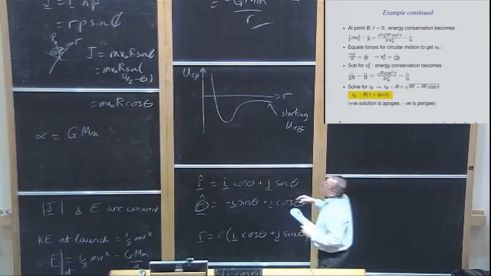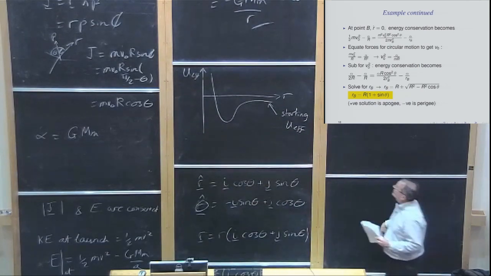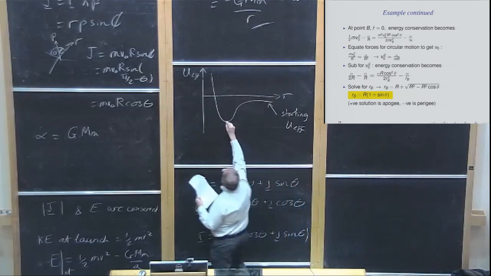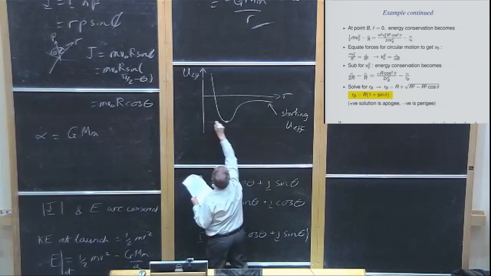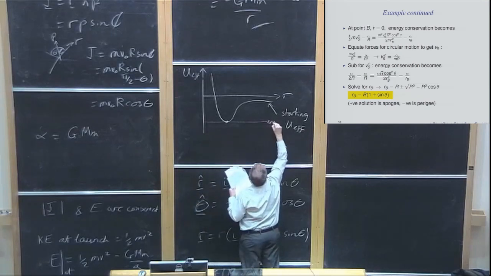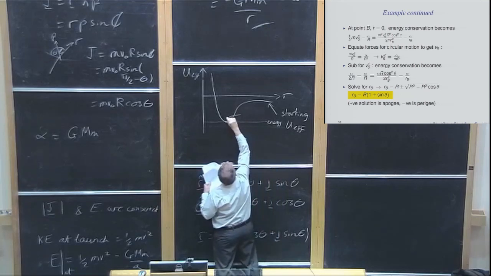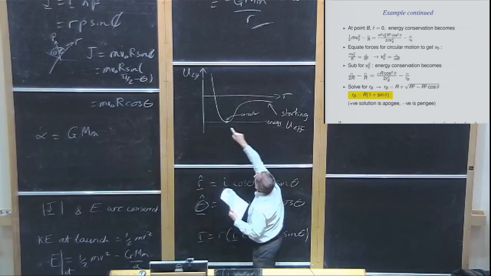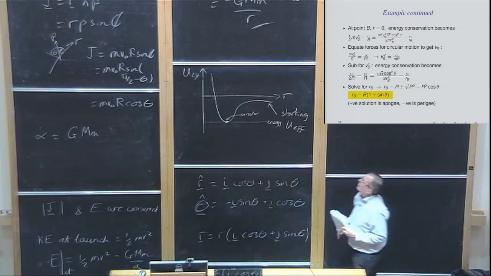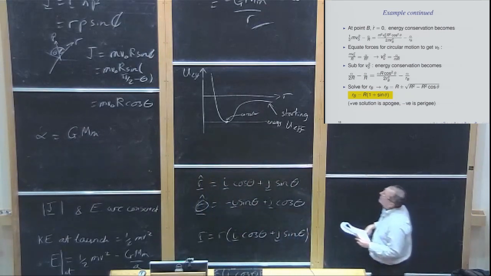They always have shapes like this, but it was circular motion. So what does this mean? It means we were sitting here. So this is the energy. This is circular motion, of course. So the energy of the orbit was such that we were sitting at the bottom of the potential energy well because it was circular motion.